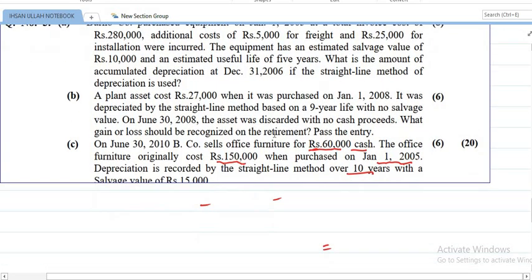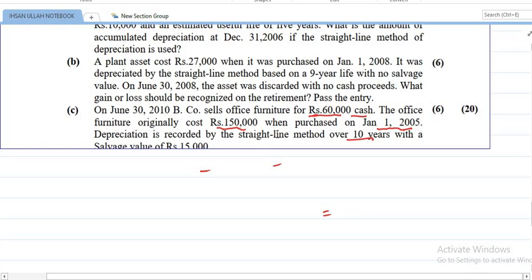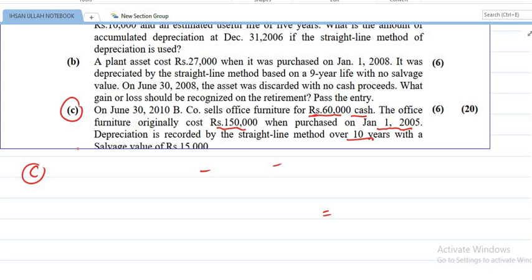Okay, here if you see in the part 3, we will do this part now. See, in the part 3 on June 30th 2010, a company sold furniture for 6,000 cash, and the office furniture was purchased on 1st January 2005.